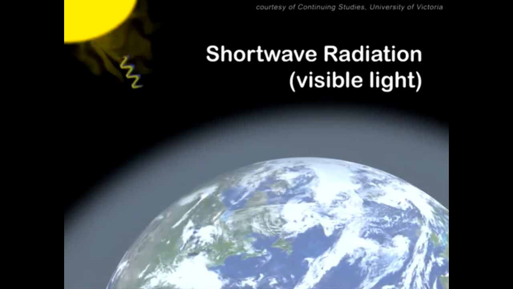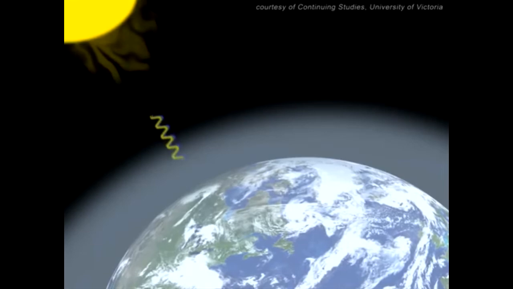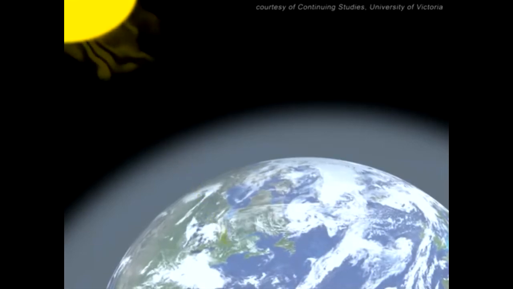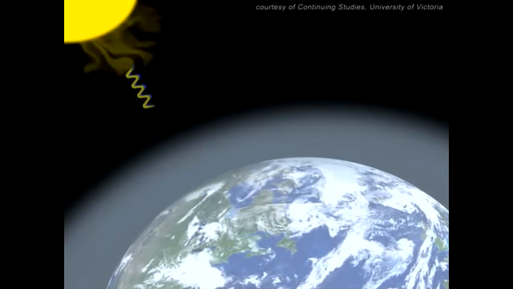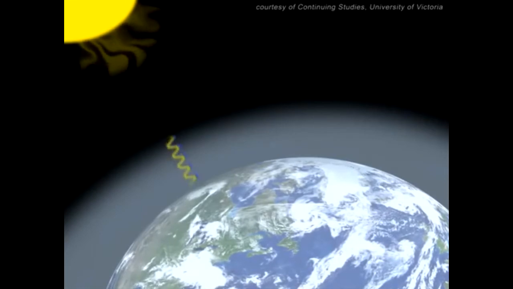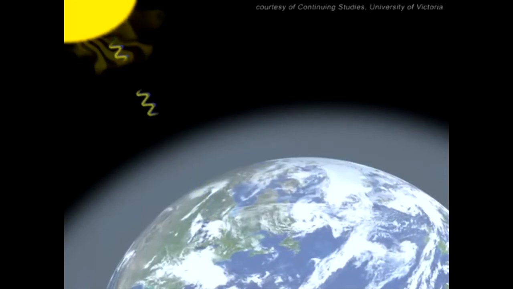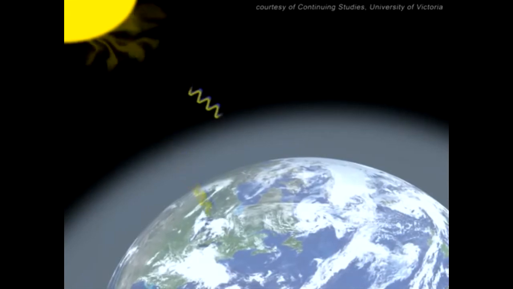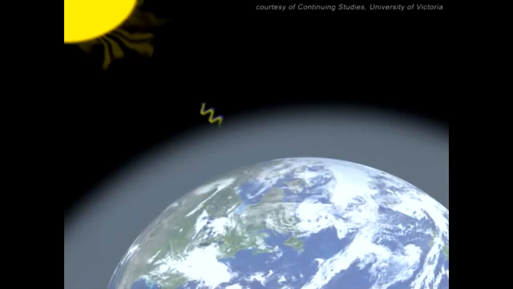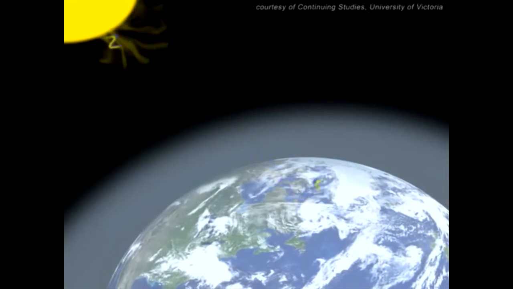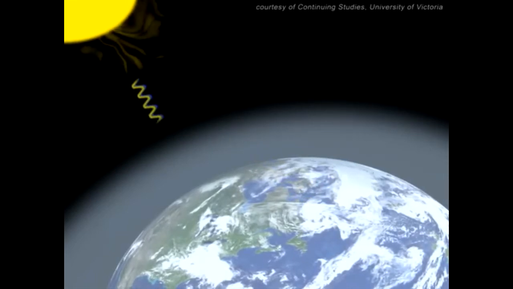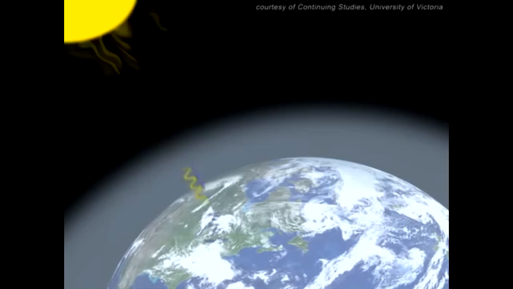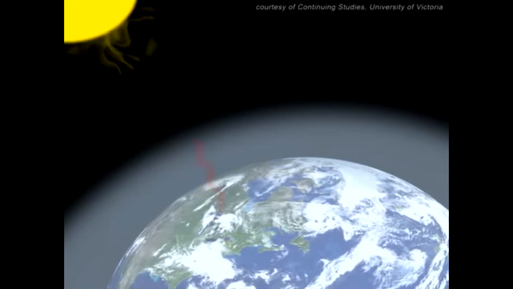The gases that make up our atmosphere, mostly nitrogen and oxygen, but also carbon dioxide, are largely transparent to short-wave radiation. About half of the incoming shortwave gets reflected back to space by the tops of clouds or by light-colored reflective surfaces like ice caps or desert sands. The other half warms the Earth's surface, which then radiates energy back towards space.